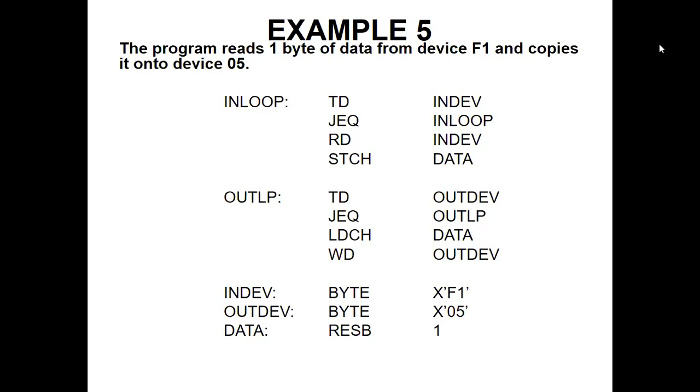Now, here is an example of how we can use those instructions. They are saying that in this program, the instructions below, we are reading 1 byte of data from a device which is called the F1, and then that character, or byte, is written onto a device which is 05.